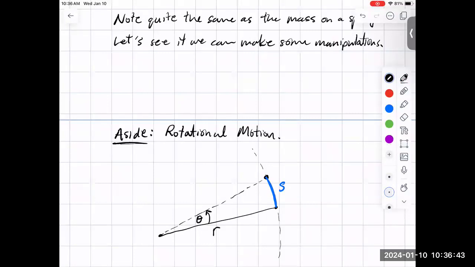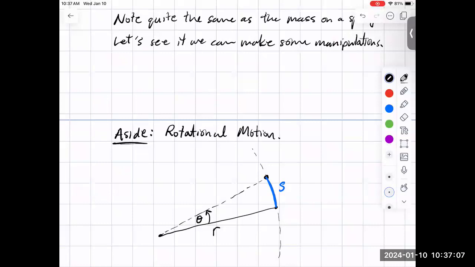All right, what if I walked half the circumference of a circle? What's my angular displacement in radians? Pi. What's the distance that I had to walk? Pi times r. So again, if I take my angular displacement, multiply it by the radius, that tells me the length of the arc.